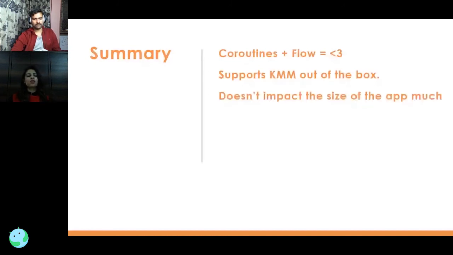We talked about threads and coroutines: threads take a size of about 1 MB each, while coroutines don't impact the size of the app much. And yes, go with the flow, as you can now see the advantage it is providing to us.